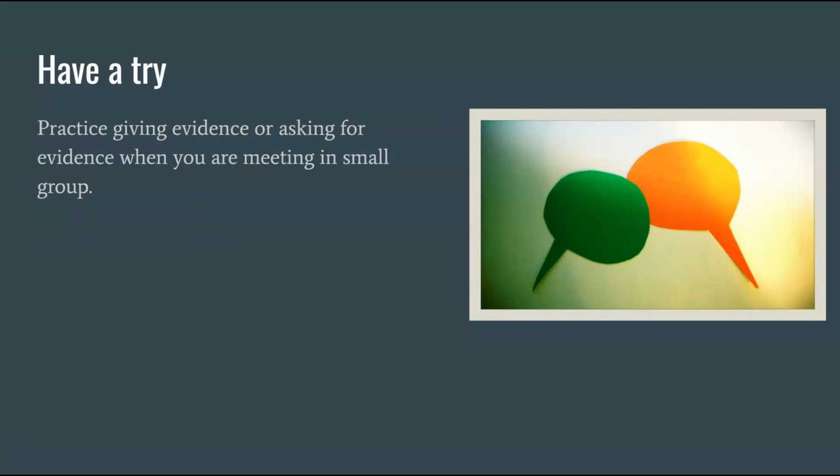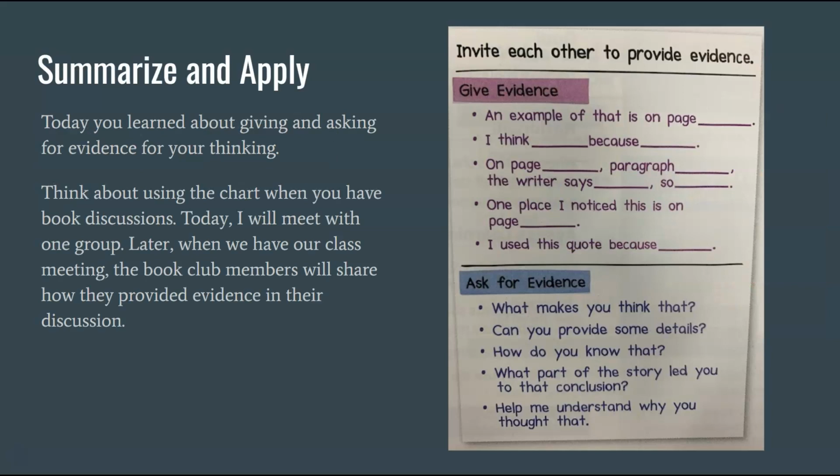Today, after you listen to the read aloud, you are going to practice giving evidence. We're not going to meet in small group today for obvious reasons, but I am going to have you listen to the read aloud. Think about what you think the theme is, and then you're going to tell us the theme, and you're going to provide text evidence to support why you think that's the theme.